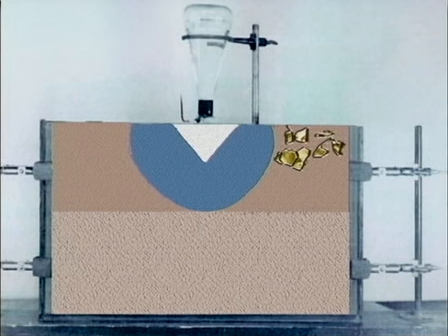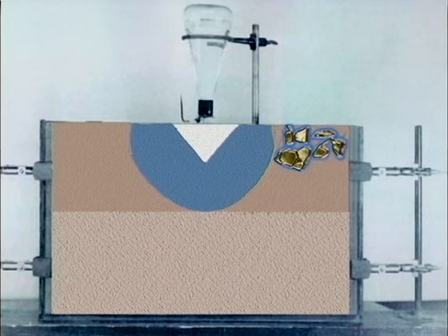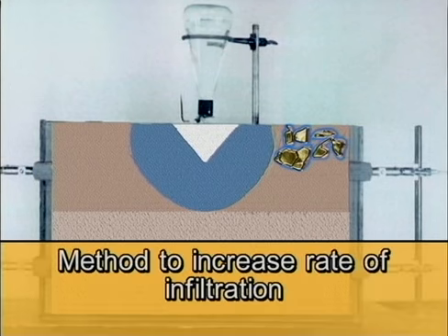I think you can see that that would actually, because it creates some larger size channels for the natural movement and flow of water from the advancement of the wetting front, act as a method to increase the rate of water movement or infiltration into that soil.